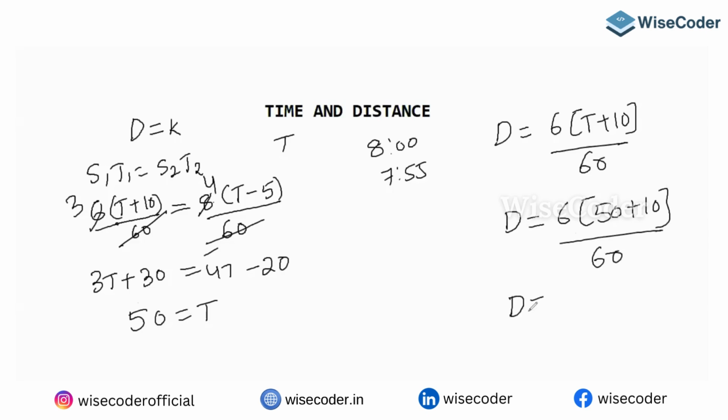Then 60 gets cancelled. The distance equals 6 kilometers.